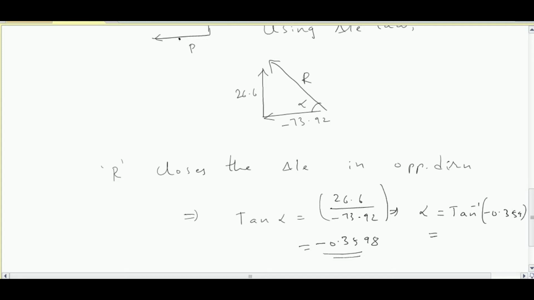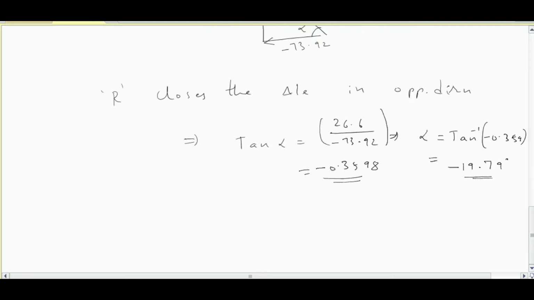We use tan alpha is equal to 26.6 by minus 73.92. That gives tan alpha is equal to minus 0.3598. That leads to alpha is equal to tan inverse of the obtained value, so alpha is equal to minus 19.79 degrees.